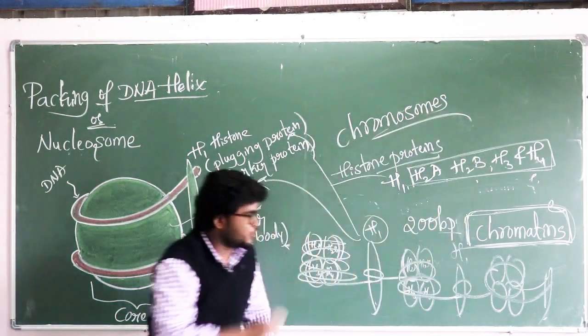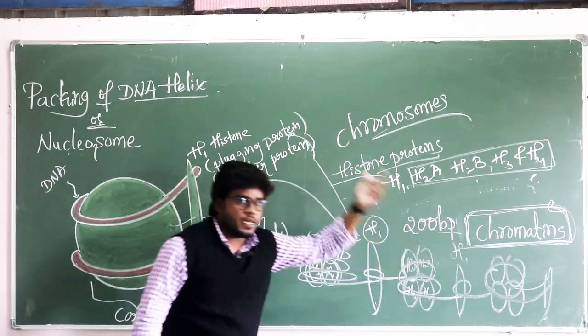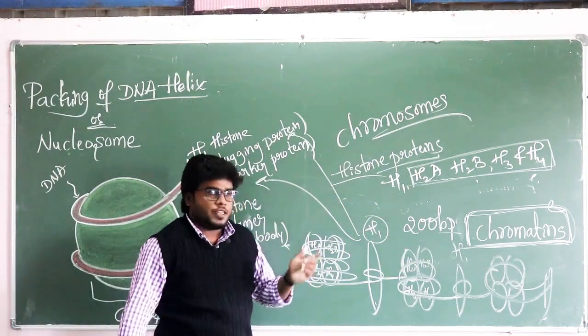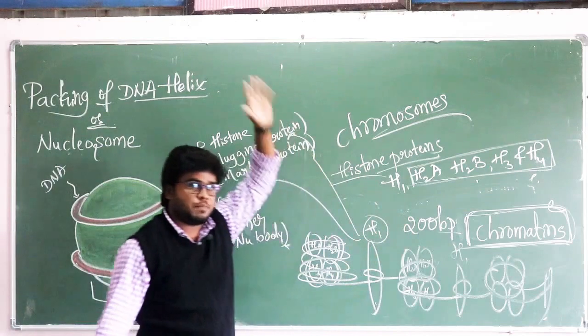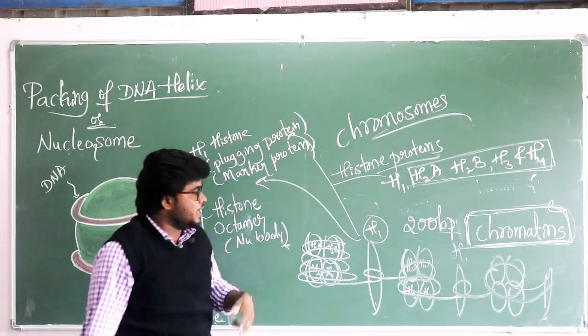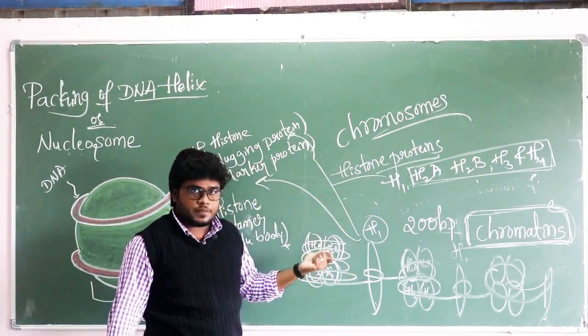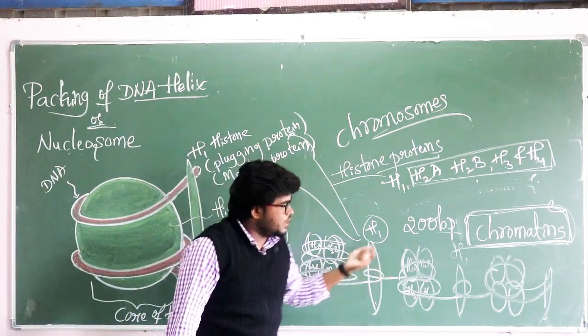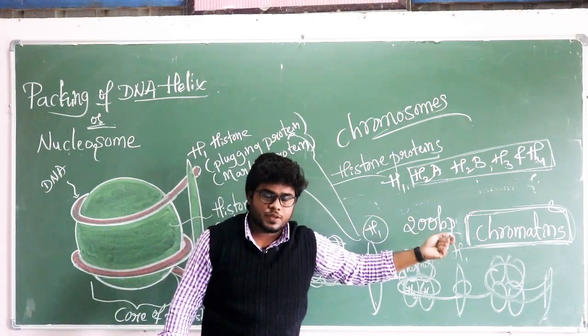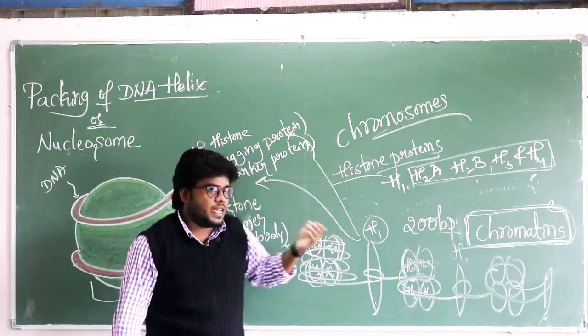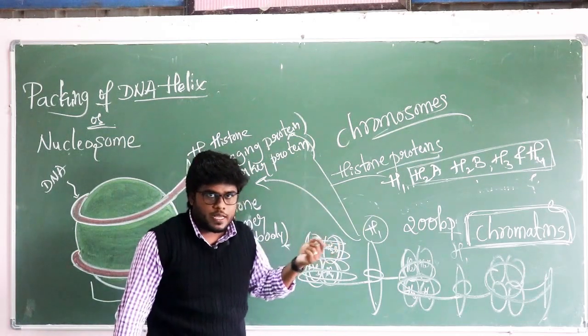Okay, the important point here is that inside the nucleus about 200 base pairs of the DNA helix are formed. These repeated units of the DNA helix form the stained bodies or colored bodies.